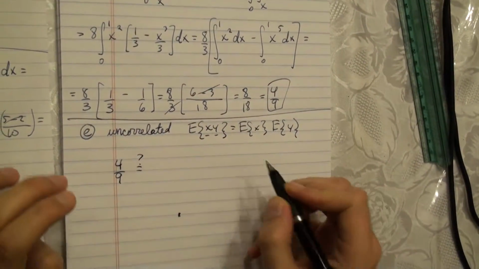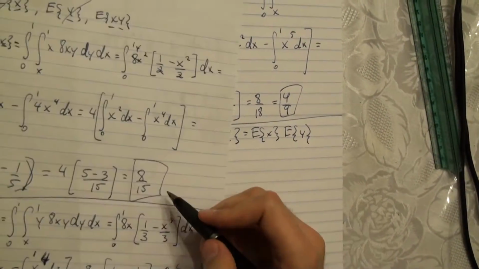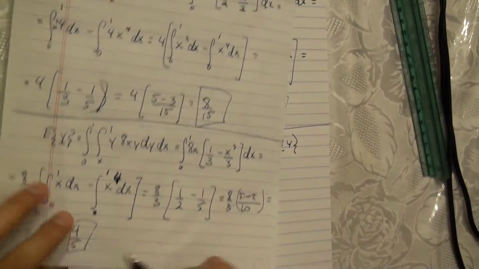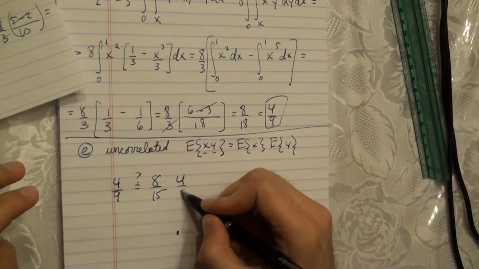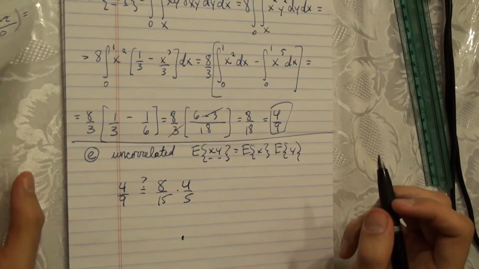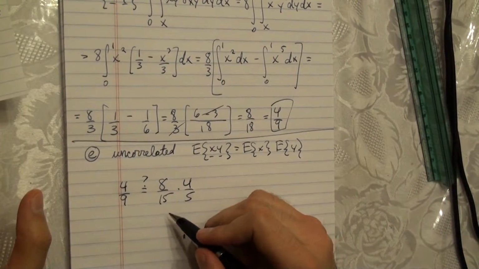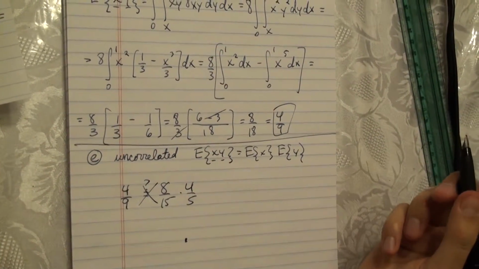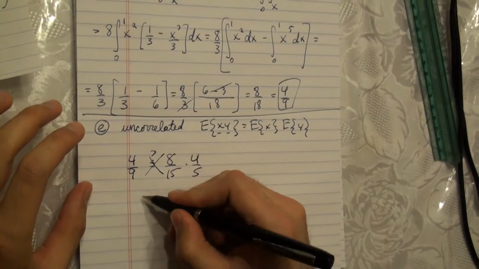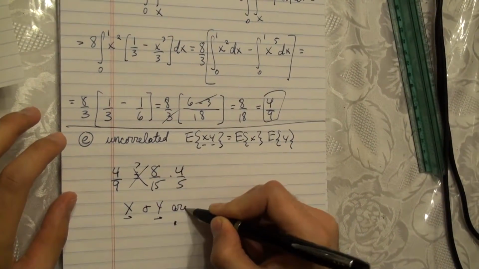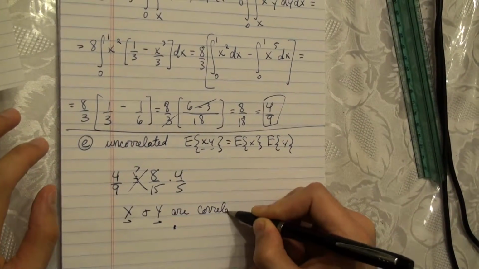And we're going to check if that's going to be equal to expected value of x, 8 over 15, times expected value of y, 4 over 5. And we can see that it's not the case. So that means that x and y are in fact correlated.